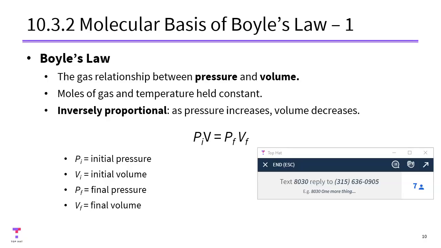Now, inverse proportionalities like this, where one increases and the other one decreases and vice versa, we can express using products. So Boyle's law from a mathematical calculation standpoint looks like this. My initial pressure times my initial volume is equal to the pressure at the final condition times the volume at the final condition.